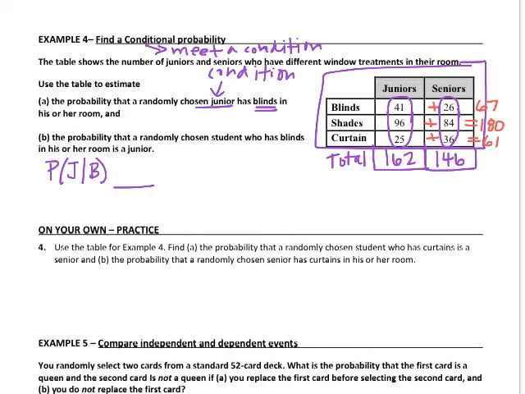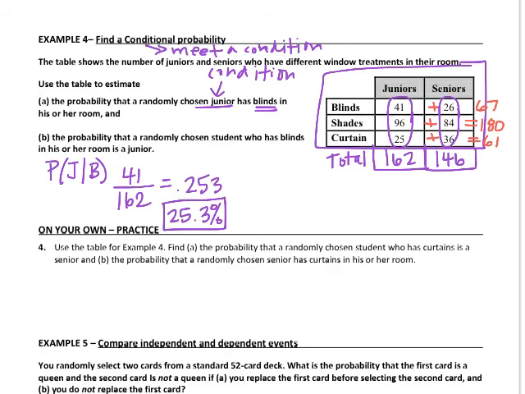The people who are juniors, there's 162 of them, and if you have blinds, that's 41 out of the 162. So if I use my calculator and get a decimal answer, it's 0.253, or a percentage answer is 25.3% of the people that are juniors have blinds on their windows.